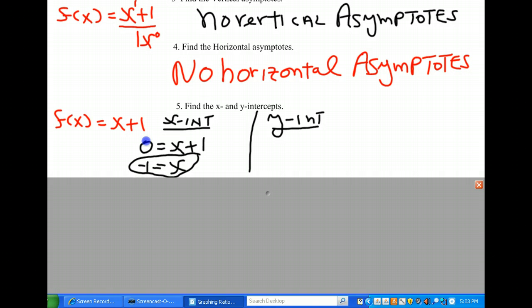The y-intercept is when x is equal to 0. So we'll say y, or f of x, is equal to 0 plus 1, and therefore y is equal to 1, and that is our y-intercept.